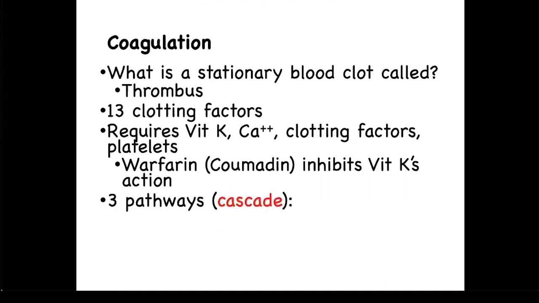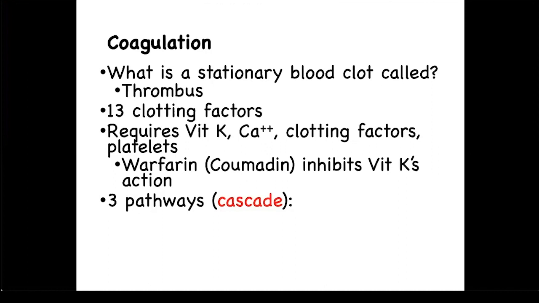There are 3 pathways in coagulation. These pathways function as enzymatic cascades. What this means is that the first protein is activated, meaning it will change its shape, and when it becomes the active protein, it will function as an enzyme for the next reaction to convert an inactive protein into the active protein, which will then function as an enzyme for the following reaction.